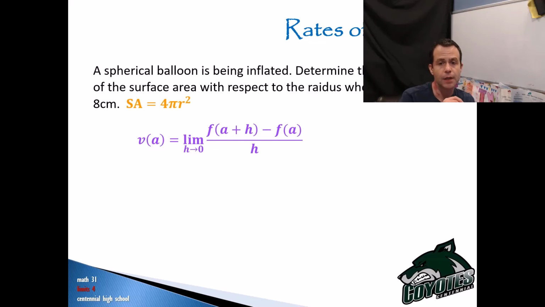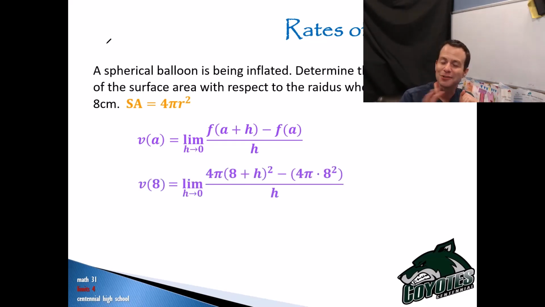Okay, so my a value is 8. So I'll have f of 8 here, which means I'm just plugging in 8 here. And then this will be f of 8 plus h. Again, don't let all the numbers screw you up. This is the equation, but I've plugged in 8 plus h for my r value there.